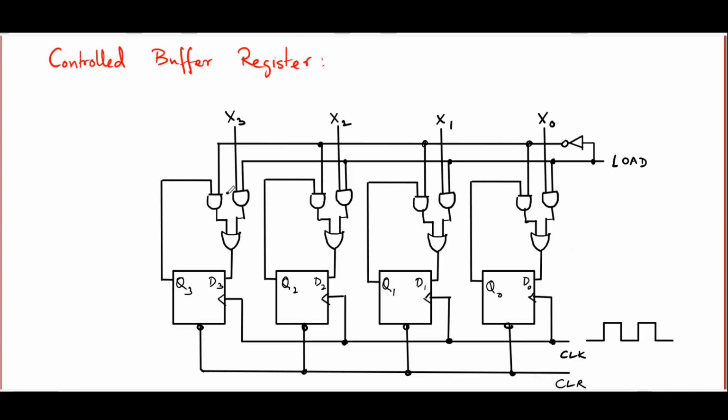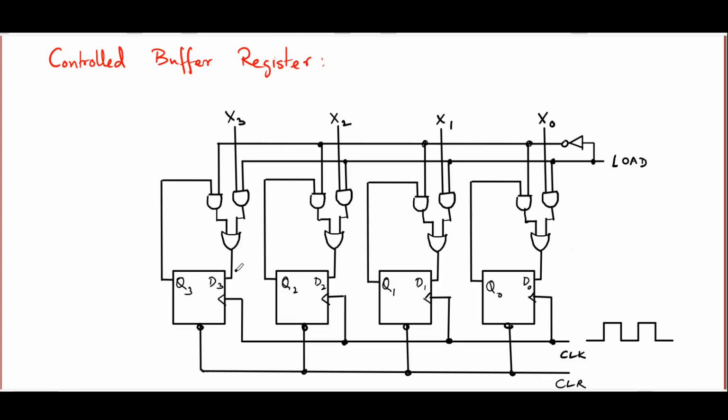Remember, the other one is coming through another AND gate, but that is connected to load bar, the complement of load, which is high. So this AND gate essentially passes Q3 into its output. The OR gate gets Q3 and low, so produces Q3.